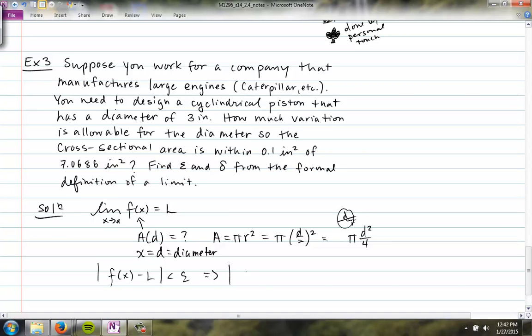But what we have is our cross-sectional area formula in terms of d is pi over 4 d squared minus, and the cross-sectional area that we're trying to achieve, the ideal one, is our L, 7.0686, okay, and then that has to be within 0.1, so that is our epsilon.